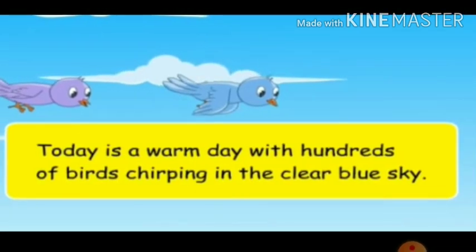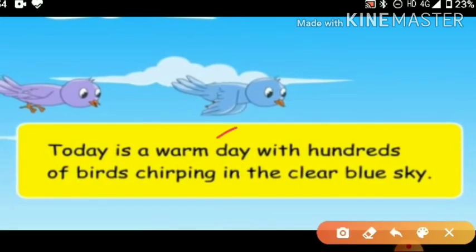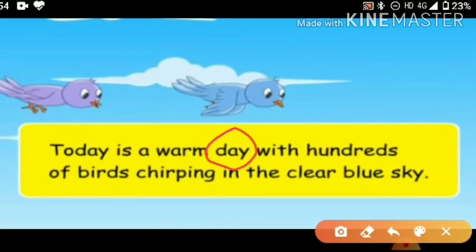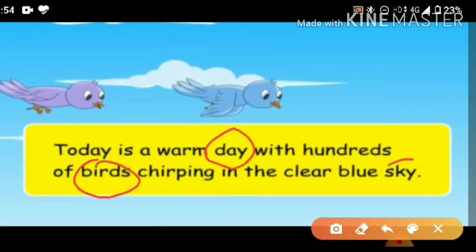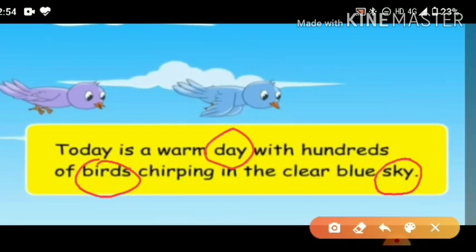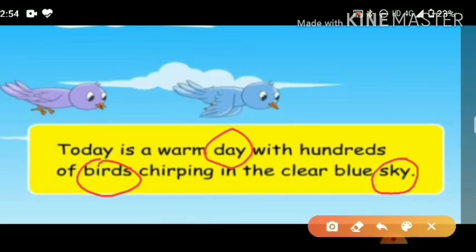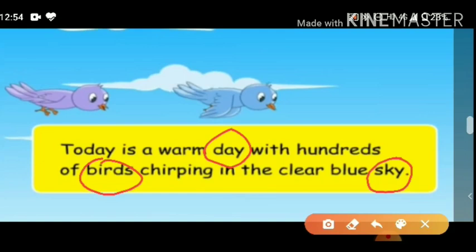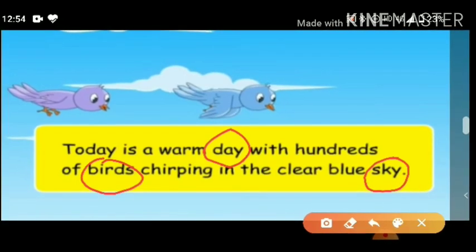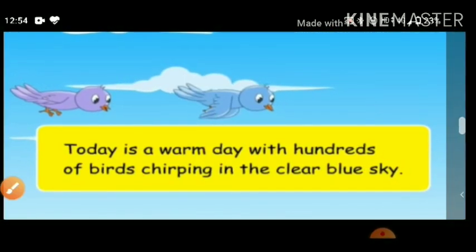Okay, day is a noun, birds is a noun, and one more noun, sky. So we see that there are three nouns here, day, birds and sky. So let's find out what are the adjectives that are describing these nouns.